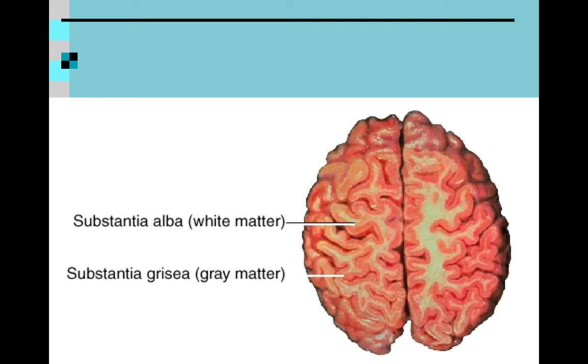The right side of your brain controls the left side of your body. The left side of your brain controls the right side of your body. They notice when they do brain examinations of right-handed people, the left side of their brain is more developed. Left-handed people have a more developed right side of the brain. And if you're ambidextrous, meaning that you use both hands, then you have equally developed brain sections.